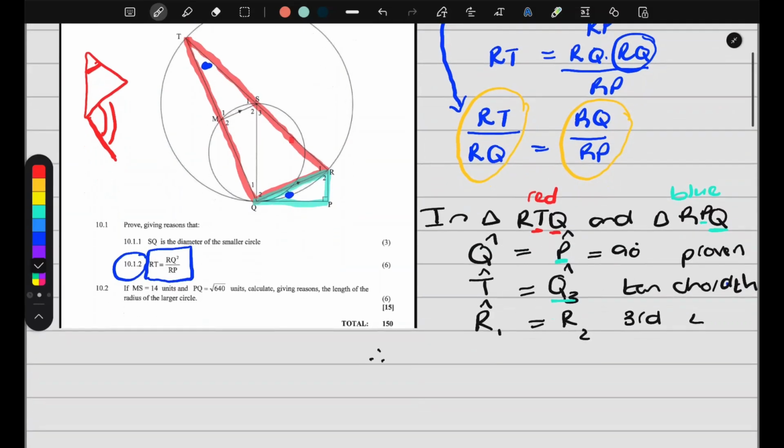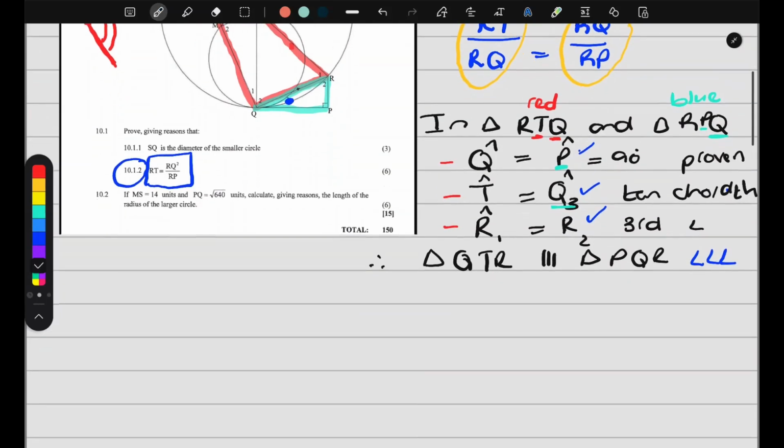And that will be my third angle. And now, therefore, triangle. So look here, grade 12s, I go QTR. Therefore, triangle QTR is similar to triangle PQR. So in that order, triangle PQR. And my reason is angle, angle, angle. And then I write my ratios down. So I go first 2 over first 2.